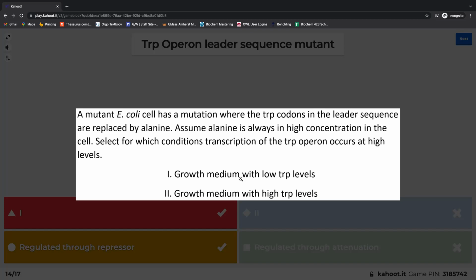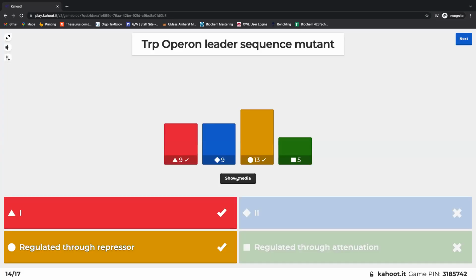But it won't transcribe the whole transcript. You get no product because it always attenuates. It will always attenuate, so you won't get anything. So the question is kind of wrong. I will fix it next time.